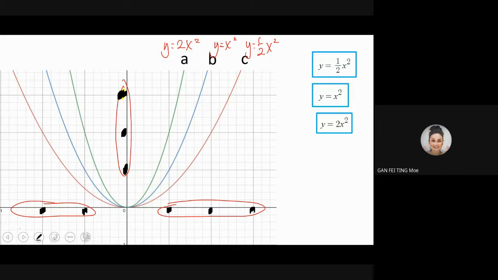For graph A, the value of y rises higher because it is 2 times after squaring the x value. Okay, good. That will be one of the reasons you are seeing the graph in that way.